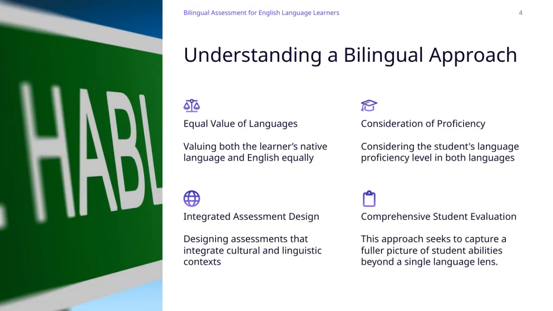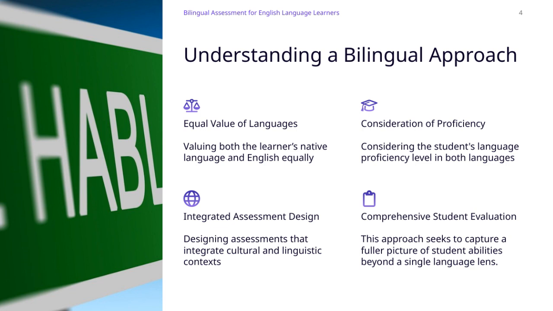When we talk about a bilingual approach, the first key idea is that both the learner's native language and English are valued equally. This means we don't prioritize one language over the other, but rather see both as important parts of the student's identity and learning process. Next, we take the student's language proficiency into account, not just in English, but also in their native language. This helps us understand where they are in both languages and tailor support accordingly.